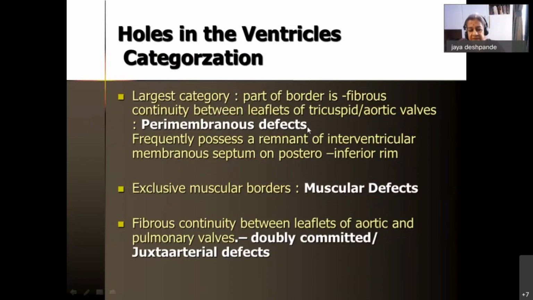Around 70 to 80% of the ventricular septal defects are perimembranous defects. About 15% may be muscular defects, and the least common is the juxta-arterial defect or doubly committed defect. Here there is fibrous continuity between the leaflets of the aortic and pulmonary valves.